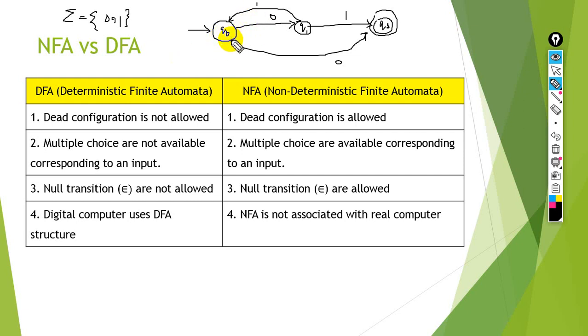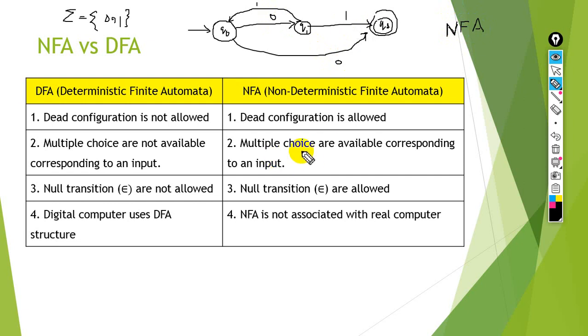The second input is 0. From Q0 it goes to Q2, and another transition from Q0 goes to Q1. For the same input, the transition is the same. So this is allowed in an NFA, no problem. We can say that this is an NFA, it is allowed in an NFA, no problem.